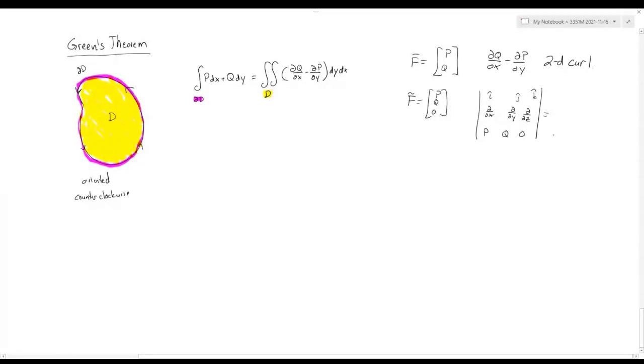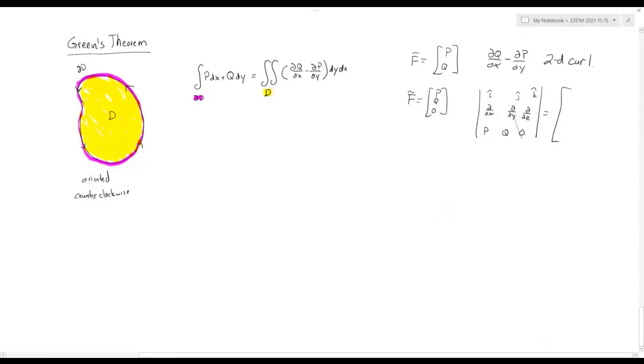And if you compute the curl here, you would get the derivative of 0 with respect to y minus the derivative of q with respect to z. Now q is just a function of x and y, right? Because this vector field is really embedded in R2, sorry, in the xy plane. So that would be 0.